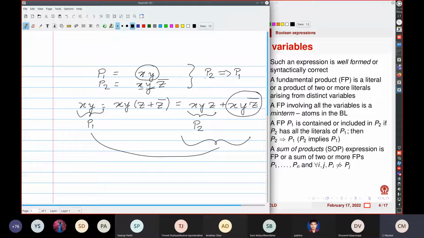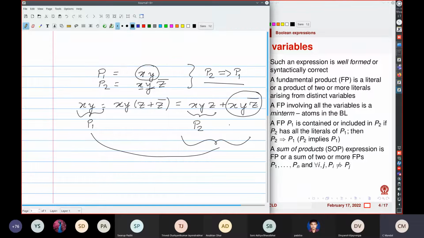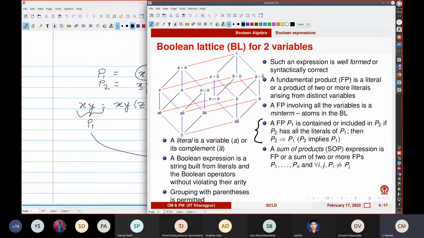That's why you have this implication that P2 implies P1. Just be careful. This one is saying that P1 is contained in P2.